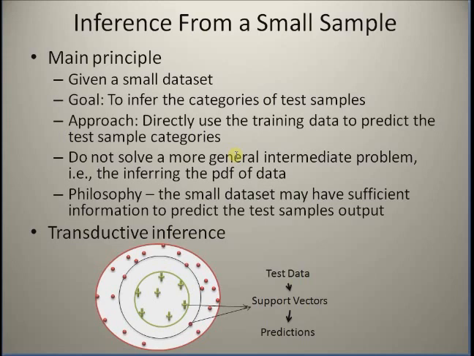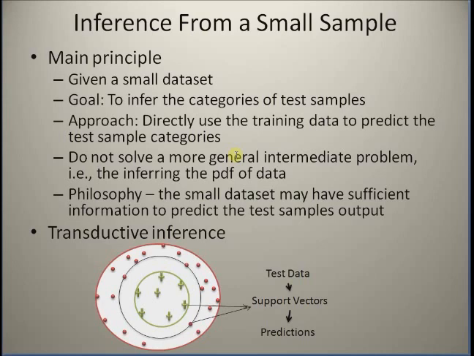We want to directly use the data to infer the categories or predict about the test samples. So the philosophy is that even a small data set may have some representative information in order to make predictions about the test samples, but it may not have sufficient information to infer the likelihood densities or posterior densities.